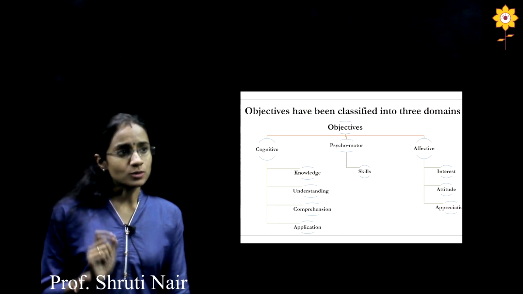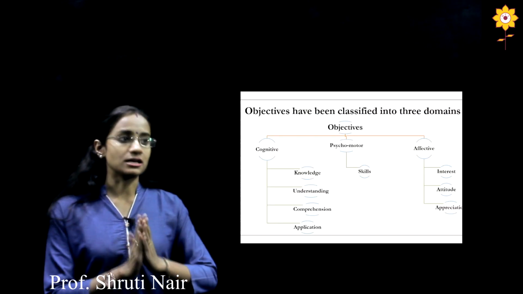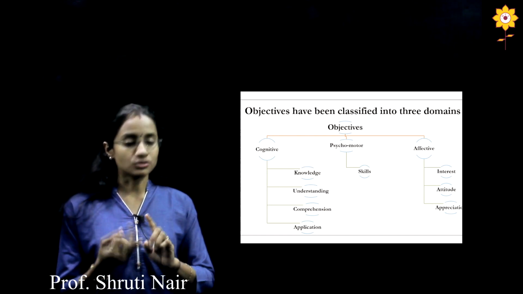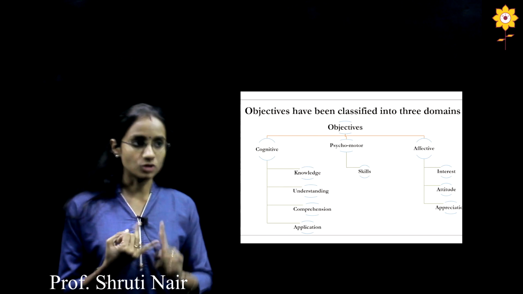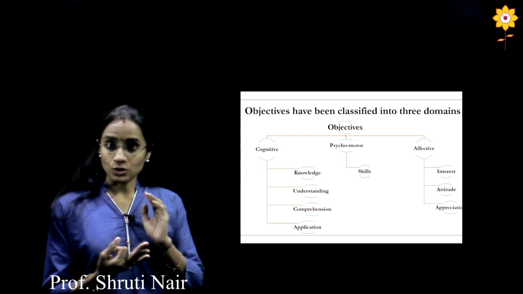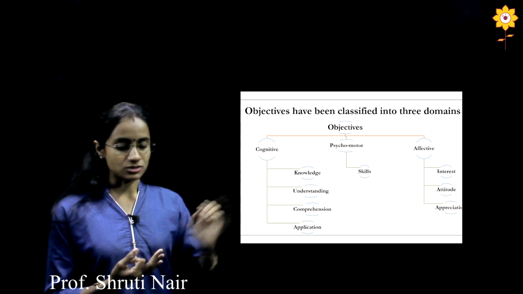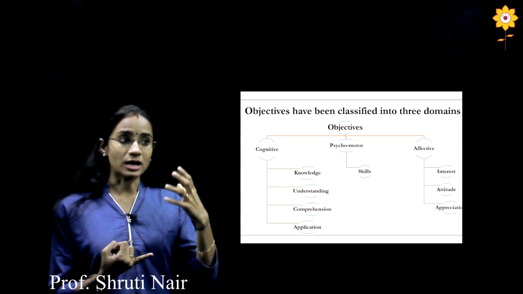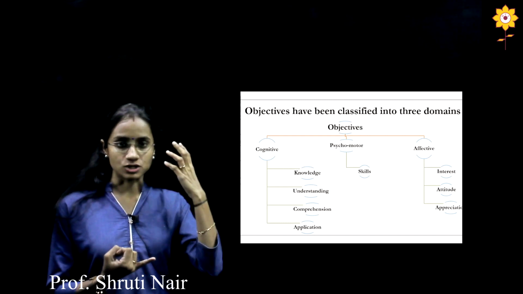So now these objectives can be classified into three domains, okay? So the three domains are cognitive domain, psychomotor domain and affective domain. So you have studied about these three domains, right? So cognitive domain is with respect to what you have understood, your knowledge, correct?